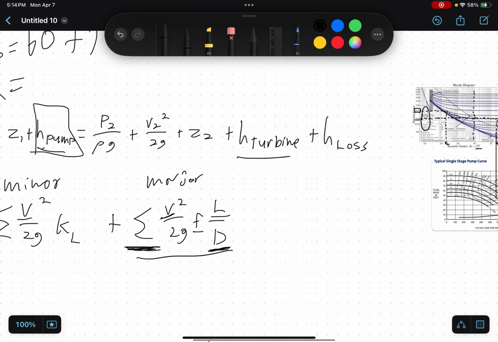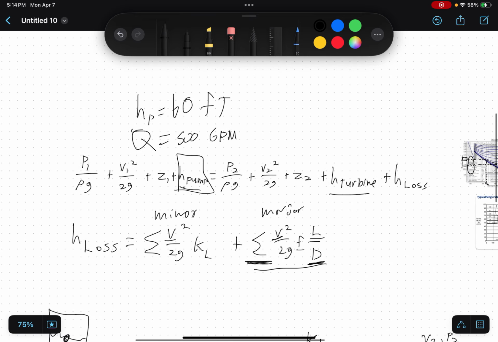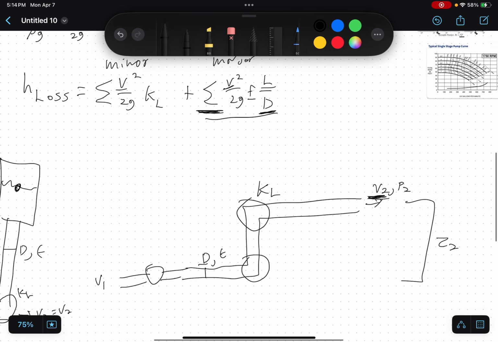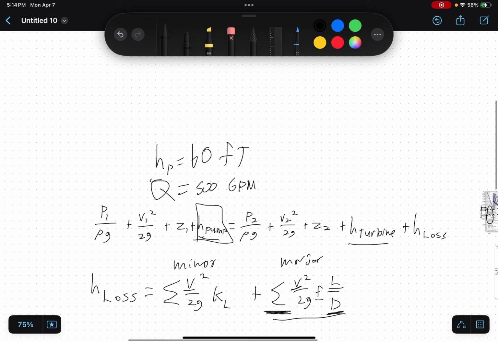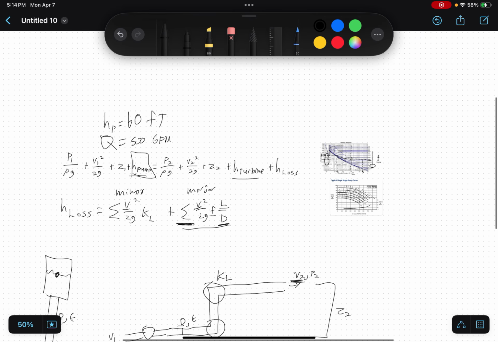Let's say 500 gallons per minute. So you solve it and you get your V2 and your H pump, and you know your diameter, and you get that the pump head required is 60 feet and you need to pump 500 gallons per minute because that's what the customer is demanding.